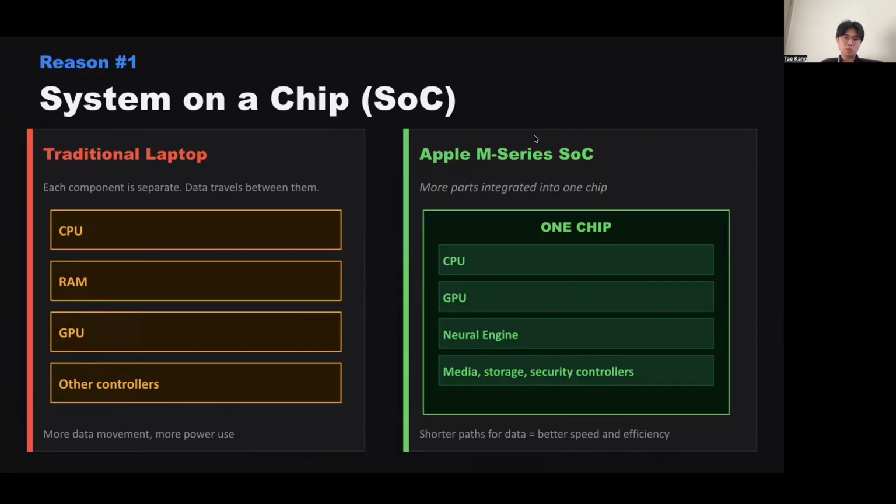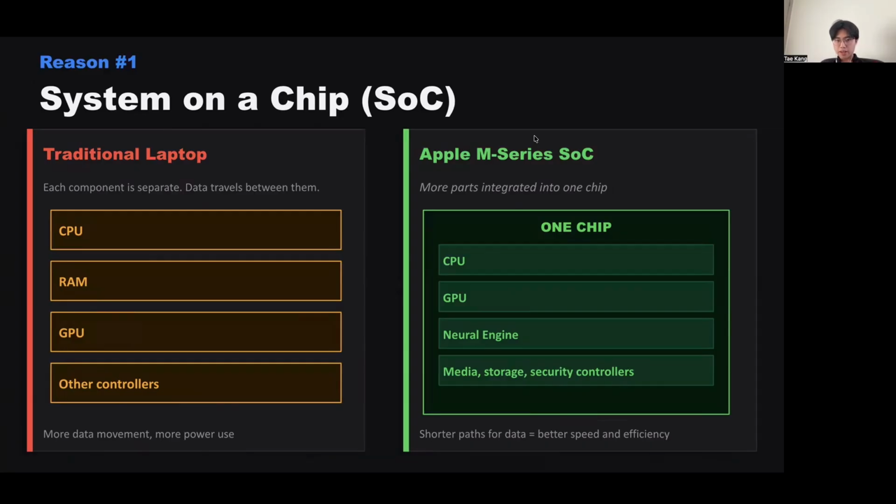Reason number one why Apple M series are special is system on a chip, also called SoC. For traditional laptops, each component is separate, so the data travels between them. There's the CPU, RAM, GPU, and other controllers.